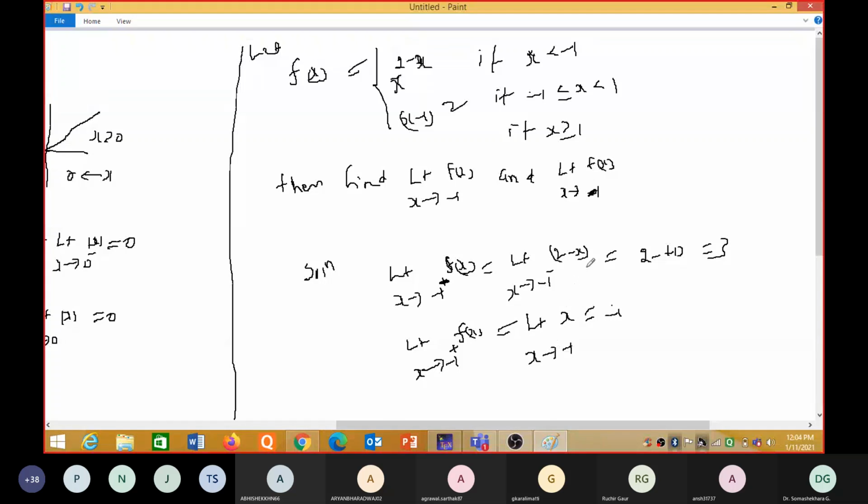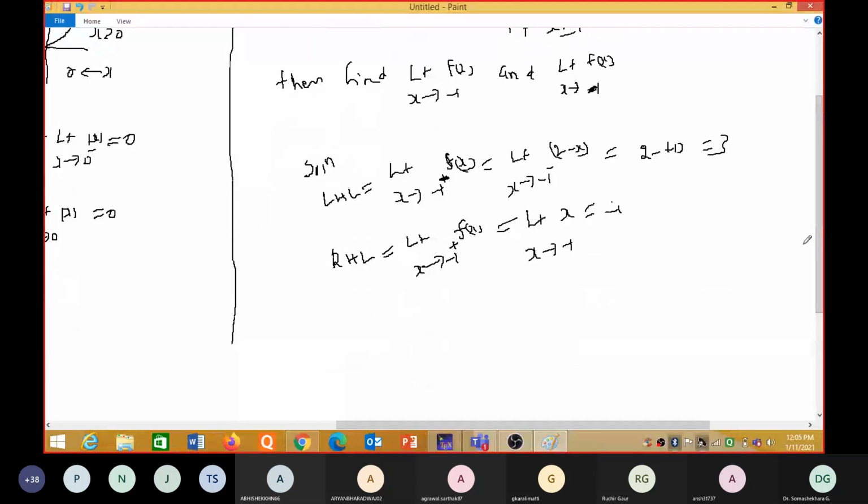So the left hand limit is 3, and the right hand limit is minus 1. Are these two equal? No, sir. So the left hand limit is not equal to the right hand limit.